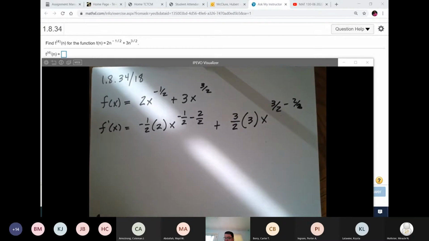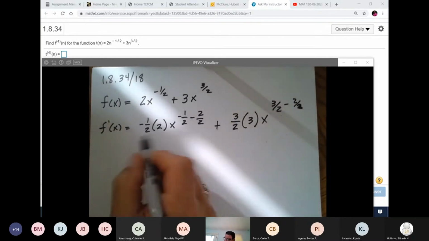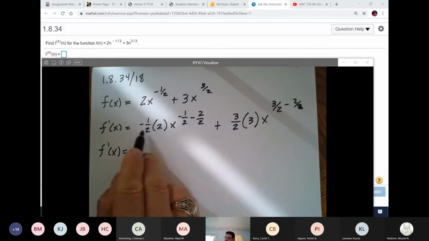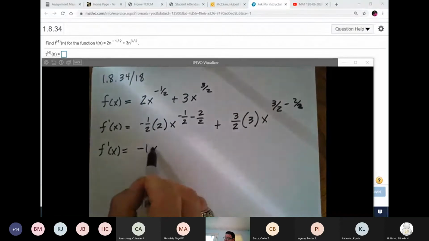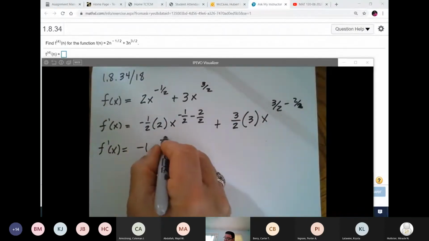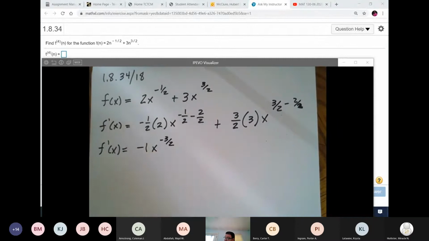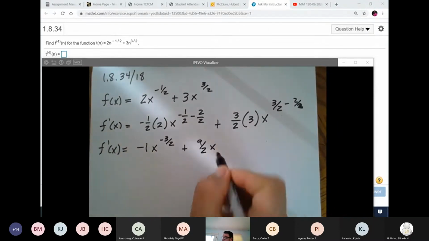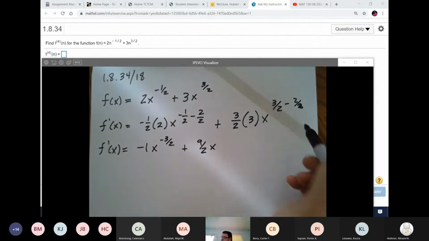All right, Masalama. All right, so I'm going to condense this down. So that's going to be f prime of x is equal to -1 x to the -3/2 plus 9/2 x to the what?